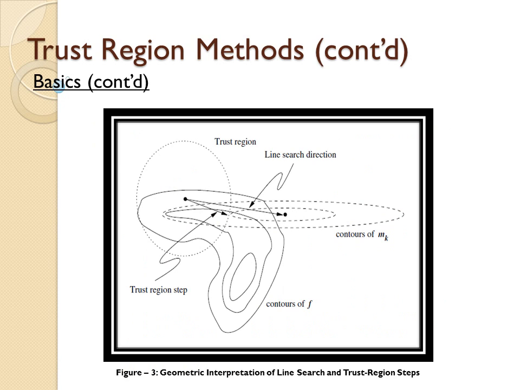Now, this figure is a comparison between the approaches taken by line search and trust region methods. If you look closely, you'd find that the line search method, starting from an initial point, moves straight away towards the minimum of the model, whereas the trust region methods are moving in a somewhat different direction.